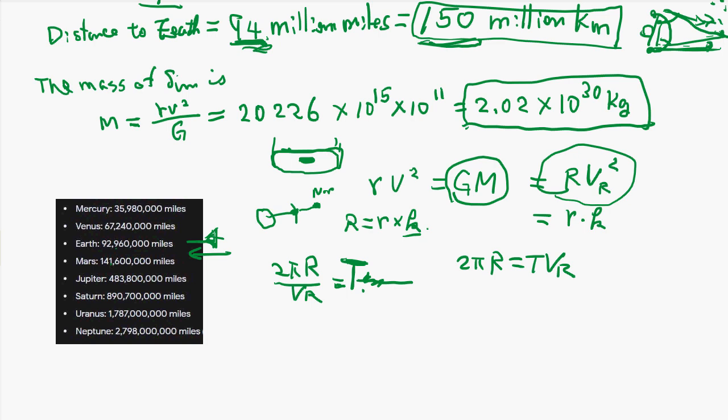Okay, so R is going to be T VR over 2 pi, and you put that in the VR square, T VR 2 pi.